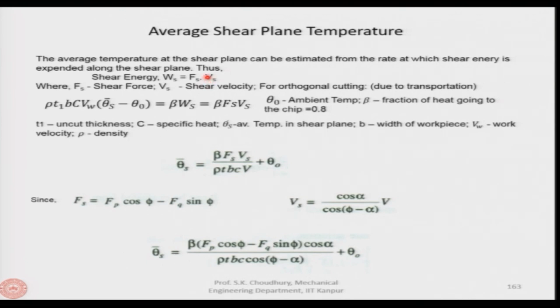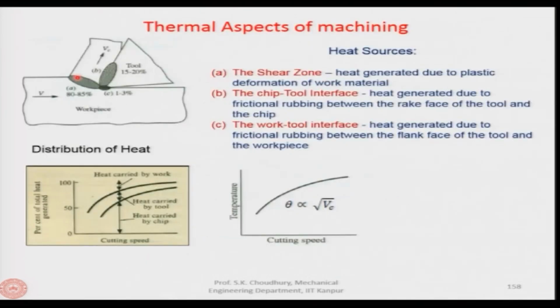Mind one thing: the shear force will be acting along the shear plane of the machining. If we remember, in the Merchant circle diagram, Fs is parallel to the shear plane and acts along the shear plane.